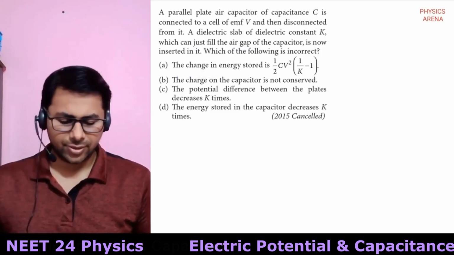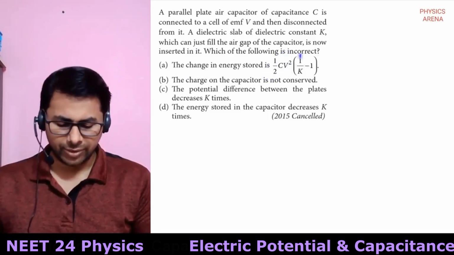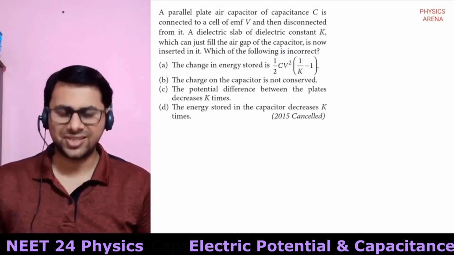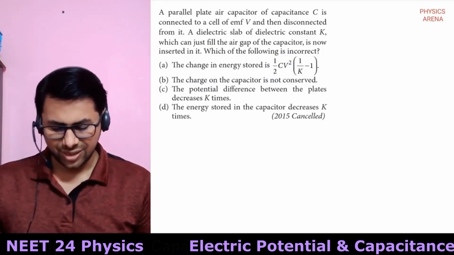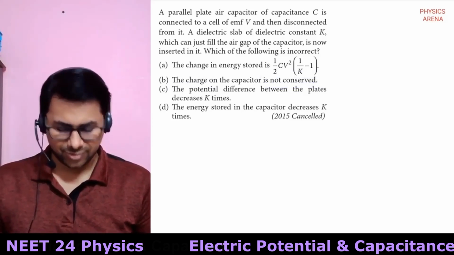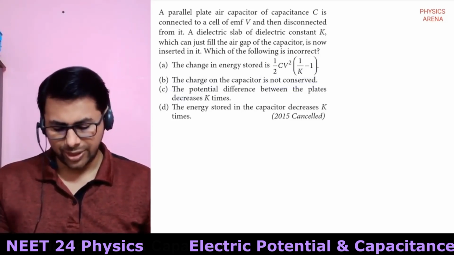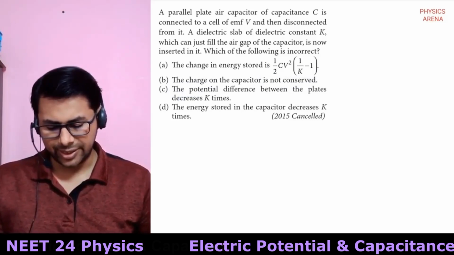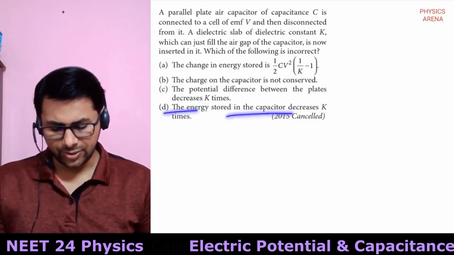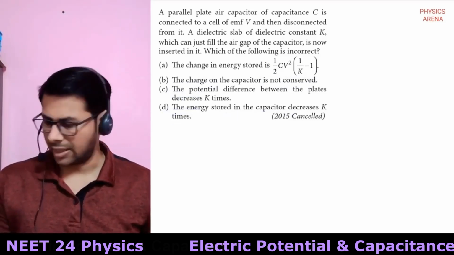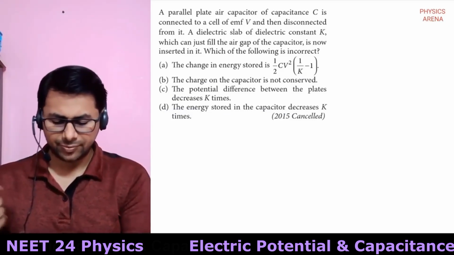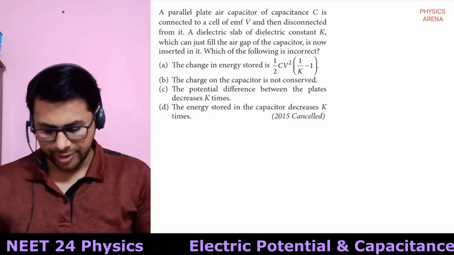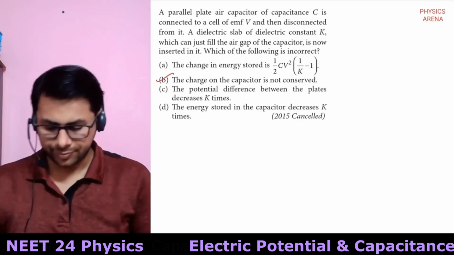The change in energy stored is half of CV square (1 by K minus 1). We have to check this. The charge on capacitor is not conserved. The potential difference between the plates decreases K times and the energy stored in capacitor decreases K times. Can you tell me which one is correct? Right. Exactly. Option B is incorrect. So this is the answer.